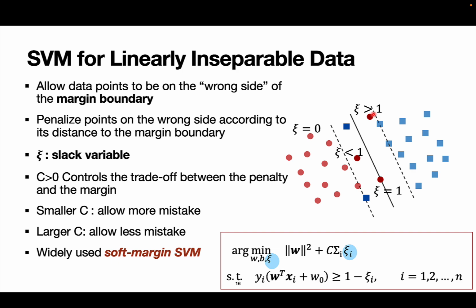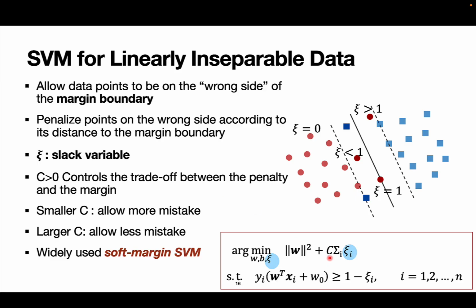Now back to the mathematical formulation, and as you would expect, we need to sum over xi i and add it to the formulation and seek to minimize this slack variable value. One more important detail: the formulation still tries to maximize the margin while minimizing the total penalty, and in order to achieve this goal, it introduces a control variable C to capture this trade-off.